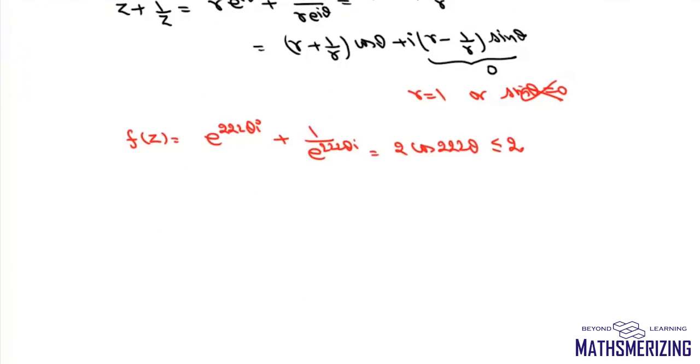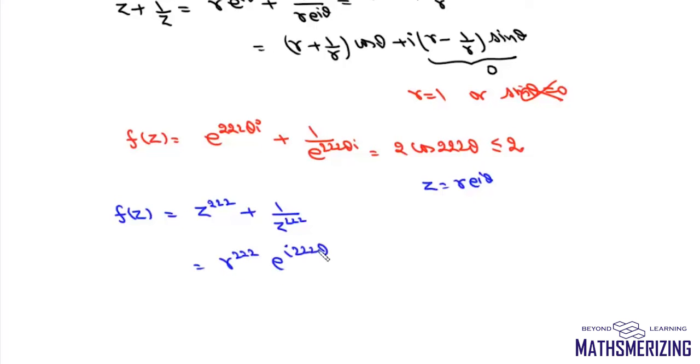Now if we write f(z) as z to the power 222 plus 1 upon z to the power 222, now we'll take z as r into e to the power iota theta. So it will be r to the power 222 e to the power iota 222 theta plus 1 upon r to the power 222 and e to the power iota 222 theta.